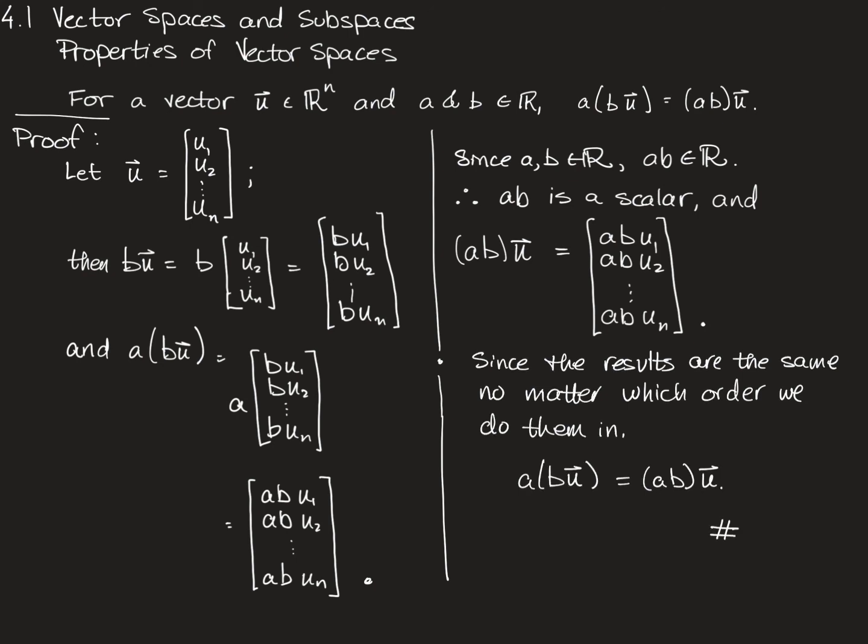You may notice a similar approach in the textbook's proof of property 1. It says for the vectors in Rn, U and V are in Rn, the sum of the vectors is in Rn. That's one of the properties that we're allowed to work with. Then they spell out what U and V are in component form with a plus sign between them.